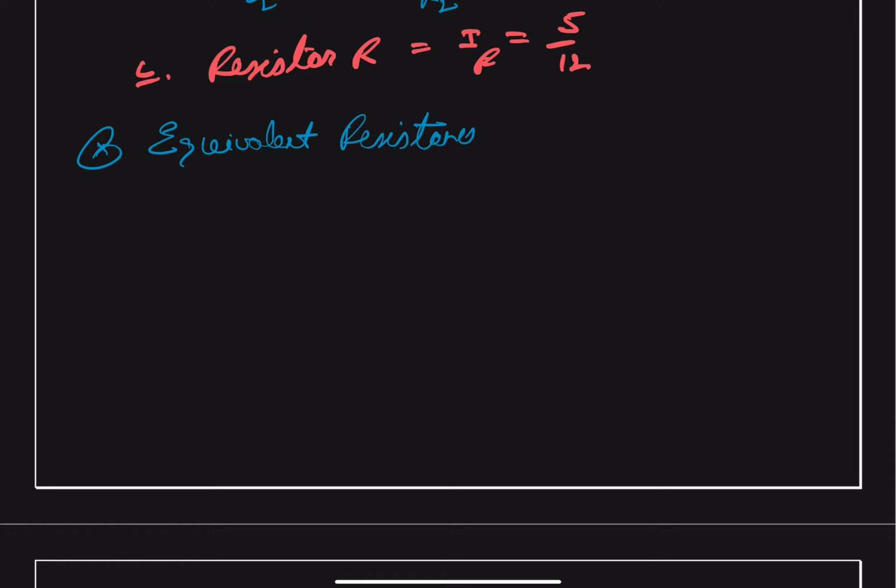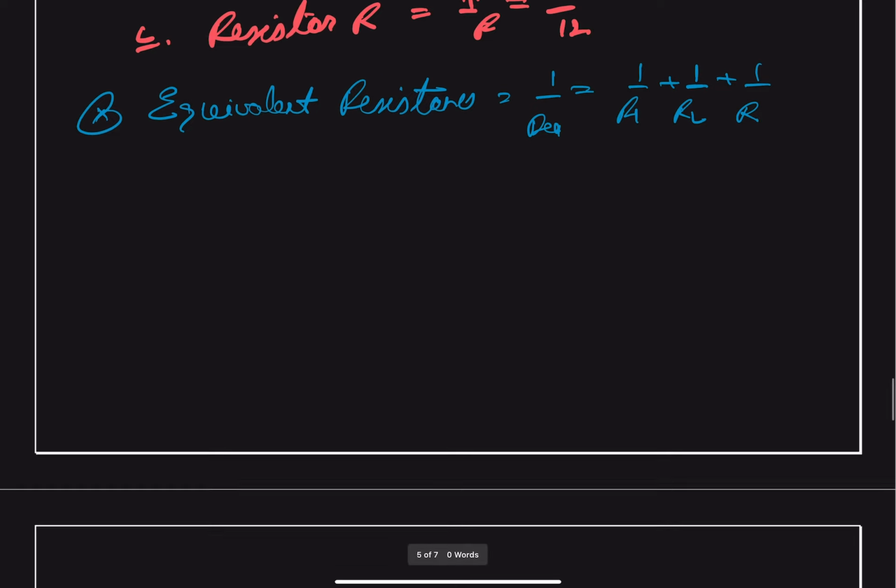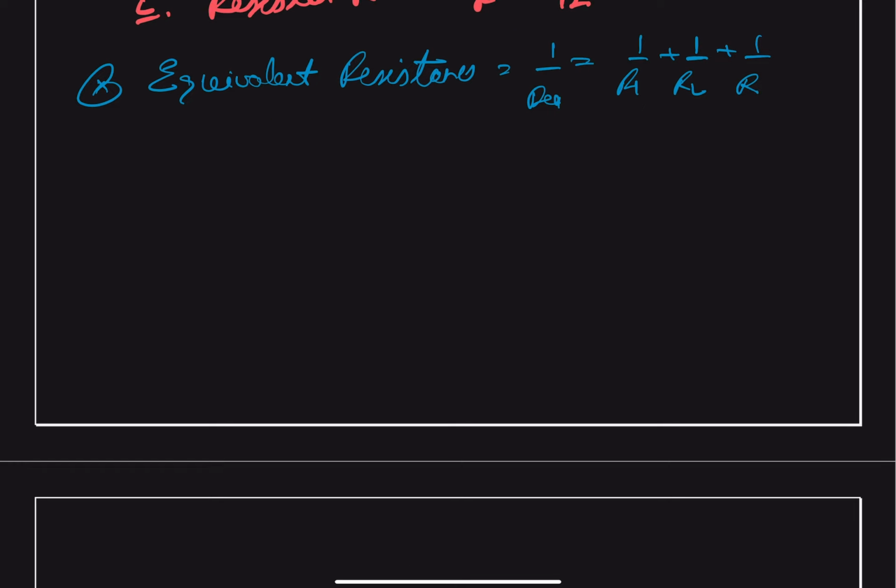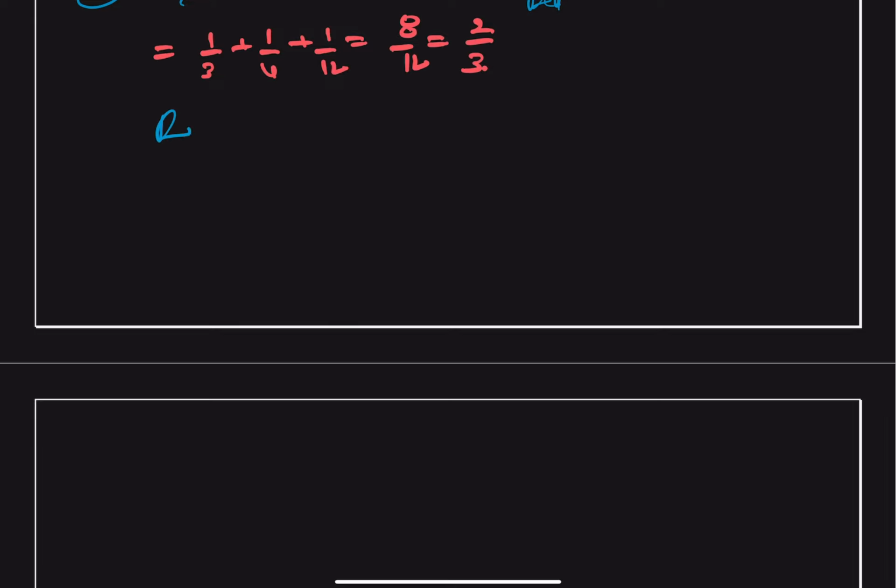Therefore, 1 upon R equivalent is equal to 1 upon R1 plus 1 upon R2 plus 1 upon R, which equals 1 upon 3 plus 1 upon 4 plus 1 upon 12. This comes as 8 by 12, which can be written as 2 by 3. Therefore, R equivalent will be equal to 3 by 2.